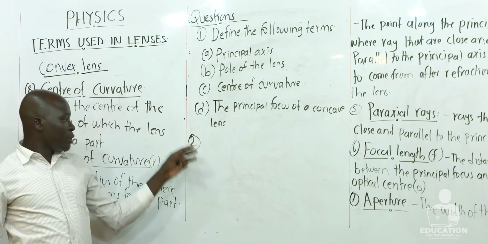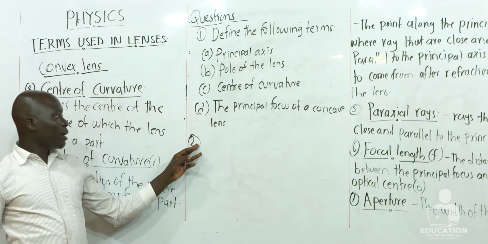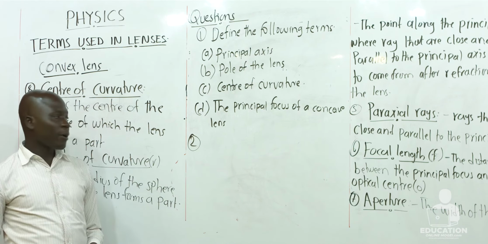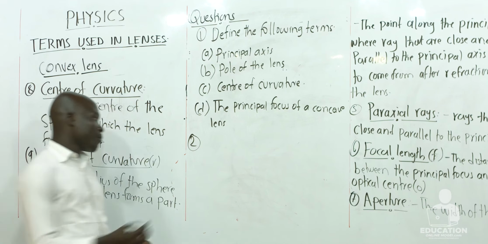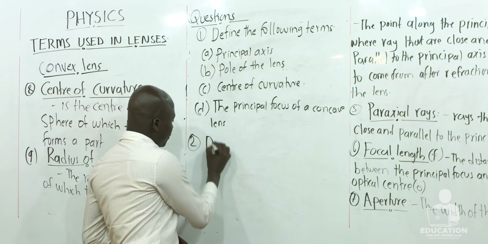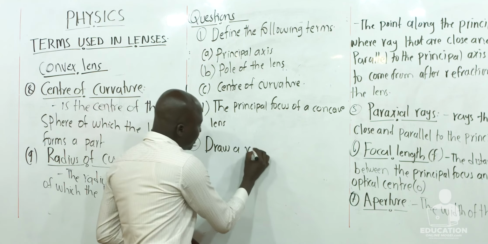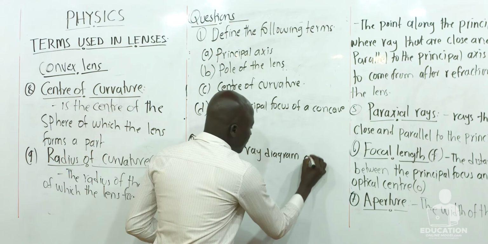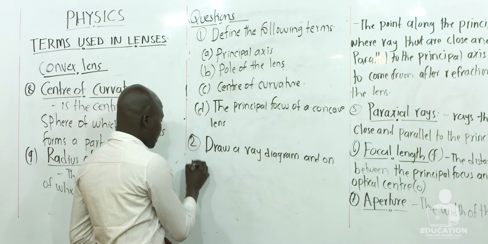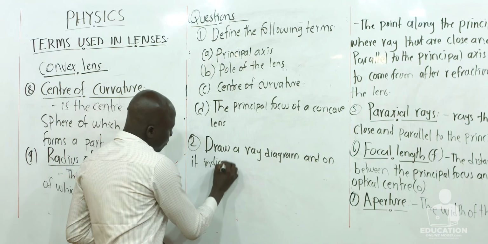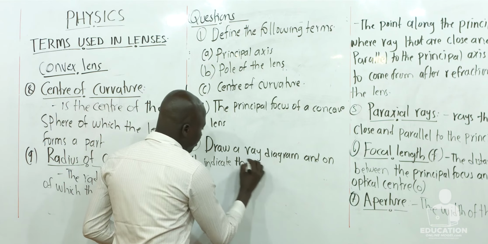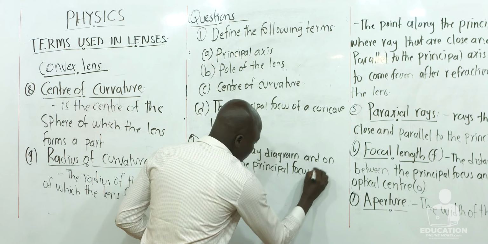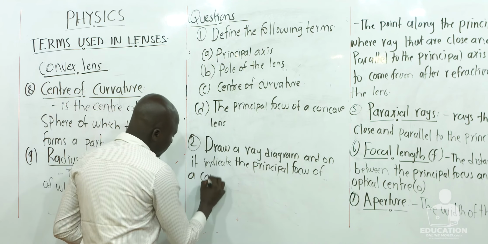Then question 2 can be: draw a ray diagram and on it indicate the principal focus of a concave lens.